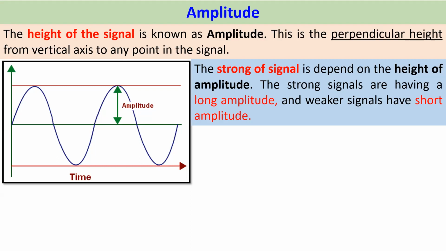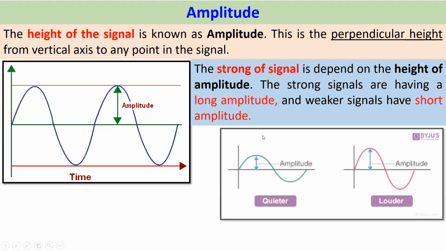When you produce a sound very loudly, look at the picture below. This louder sound means the amplitude is high. Low sounds mean maybe your voice is quieter, a low voice. In that way, you can identify this amplitude.